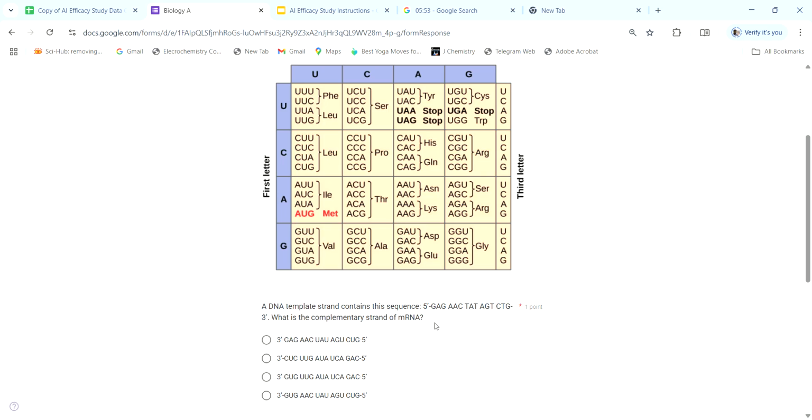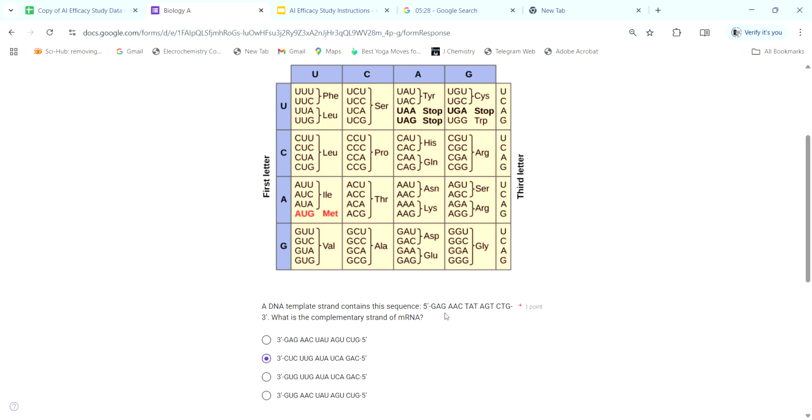In place of 5' it will be 3'. In place of G it will be C, then A, U, G, C. So CUC, UUG, AUA, UCA, GAC. Okay, so 3 B will be the correct answer.